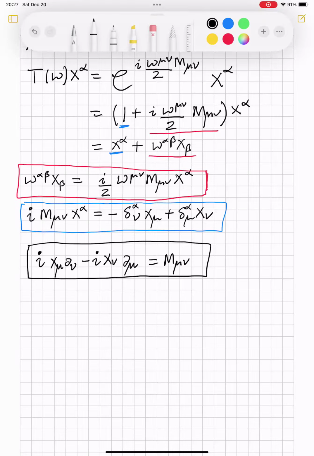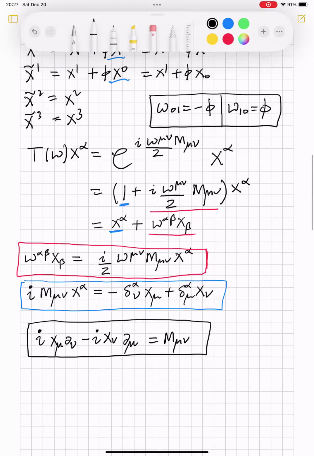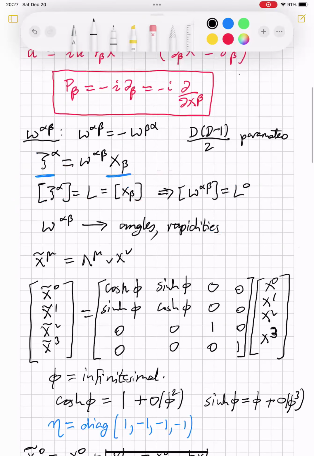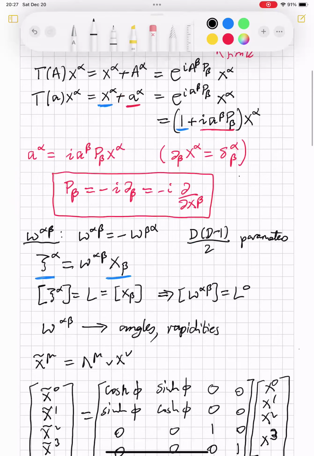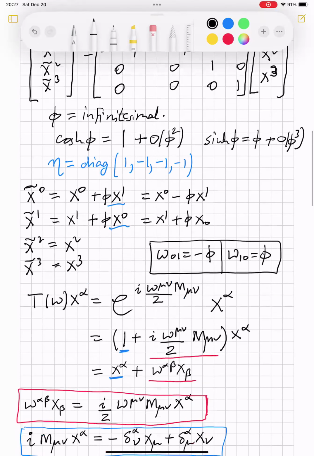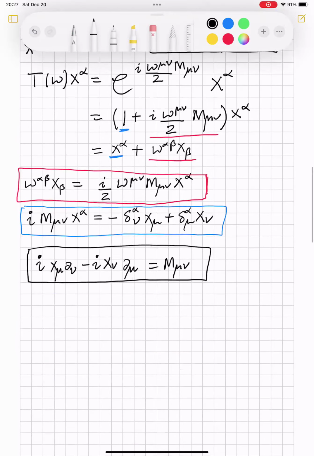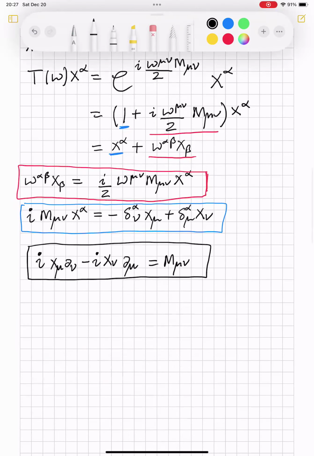Now we've got the generator for the Lorentz transformations, M mu nu, and we've also got the generator of translations, P beta. Great. So now we'll start moving on to scaling, and then we'll do the special conformal transformation, and then we'll have all of the elements of the Lie algebra.